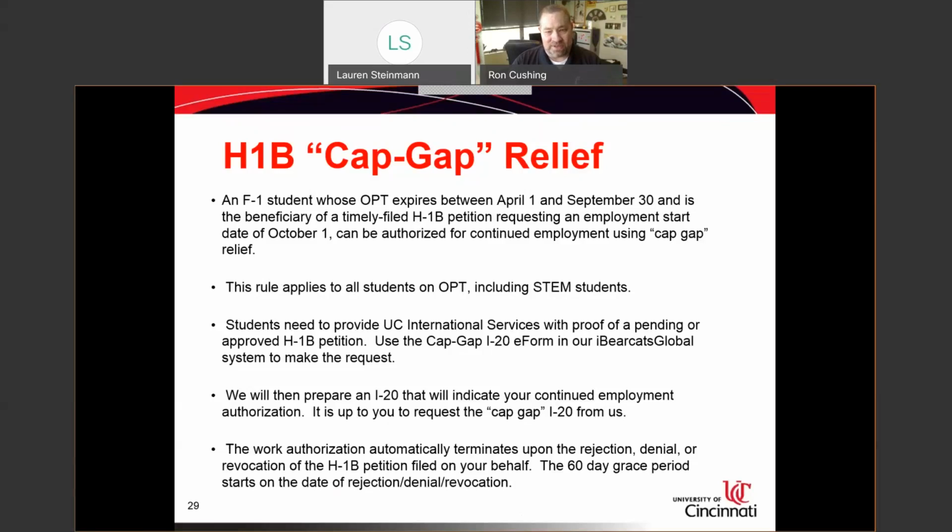Employers who wish to get one of those slots have to apply for a lottery. And if they get selected in the lottery for your job, they can then file the H-1B petition on your behalf. If they do that, you would then be eligible to get what is called the H-1B cap gap extension if your OPT ends anytime between April 1st and September 30th of that year. So the H-1B would start on October 1.